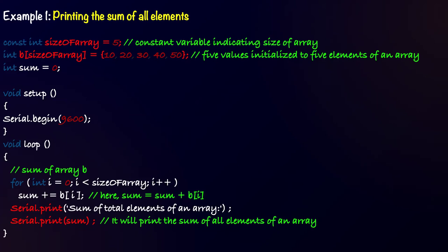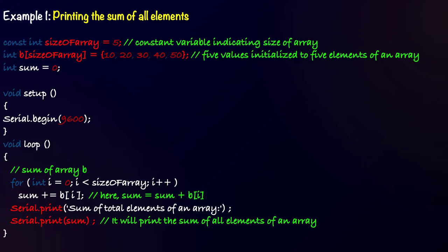We have mentioned it previously, before the void setup. And i++. Sum plus equal to, that means it will add and then assign b[i]. What are we doing here? The sum will be equal to the previous sum plus b[i].